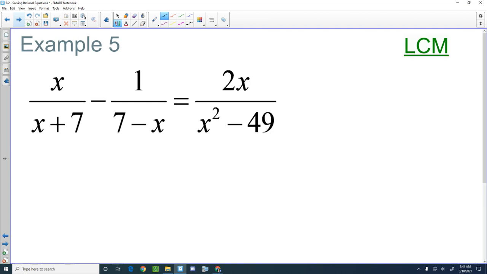The 7 minus x. If you flip the order of those two, what else do you have to do? A negative one. It's like 7 minus x. We want that to be x minus 7 instead. You're allowed to do that only if you change the sign of it, multiply by a negative.